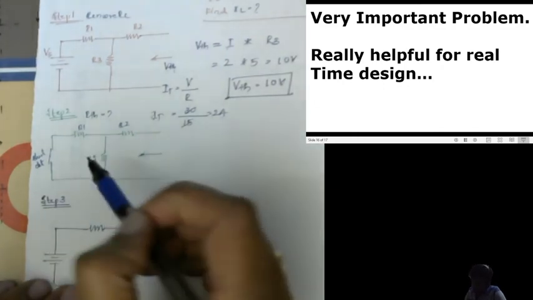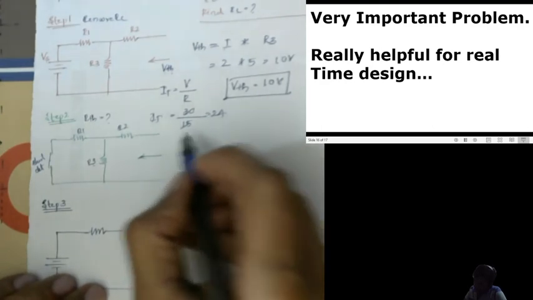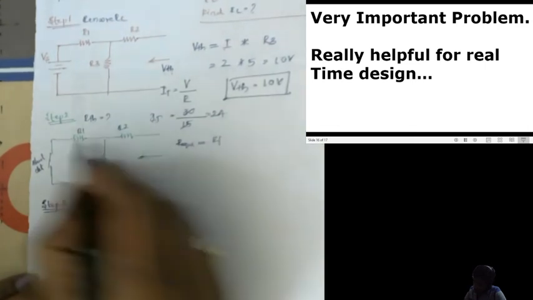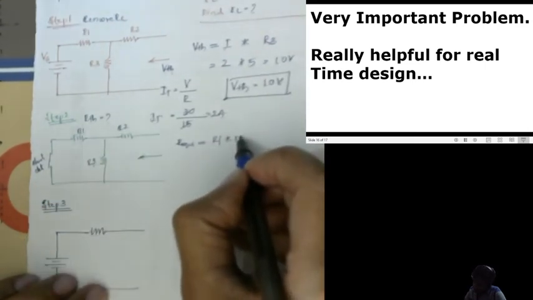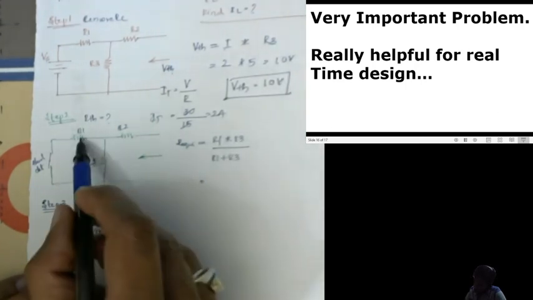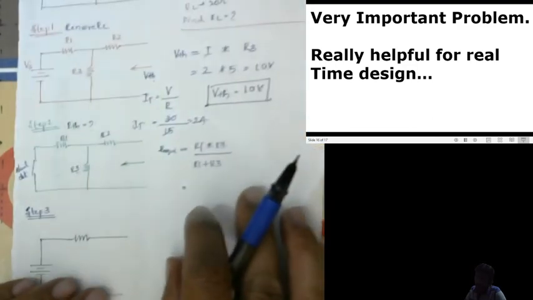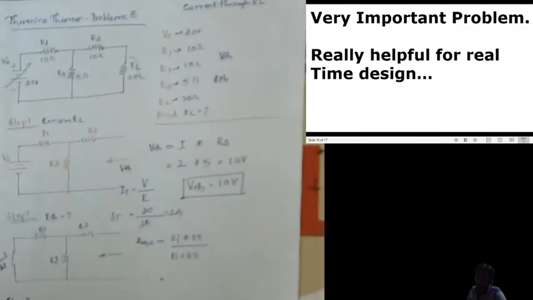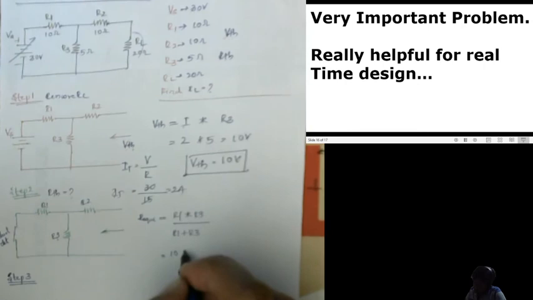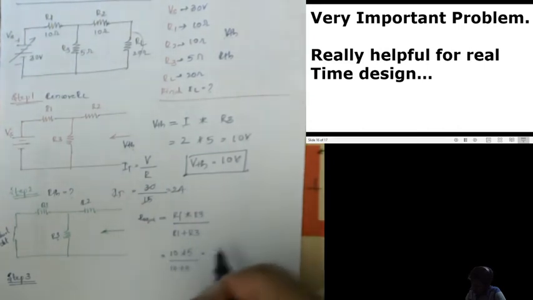Therefore you need to find the equivalent. R equivalent is equal to R1 into R3 whole divided by R1 plus R3. The R1 is 10, into R3 value 5, divided by 10 plus 5. This is equal to 50 divided by 15.